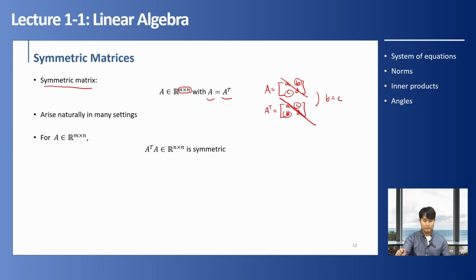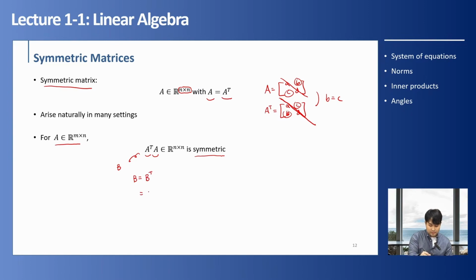And another interesting property of symmetric matrices is that for any given matrix, if we take the transpose of that matrix and take the product with itself, we always end up with a symmetric matrix. So to show this, if I denote this as B, we simply have to show that B is equal to B transposed.